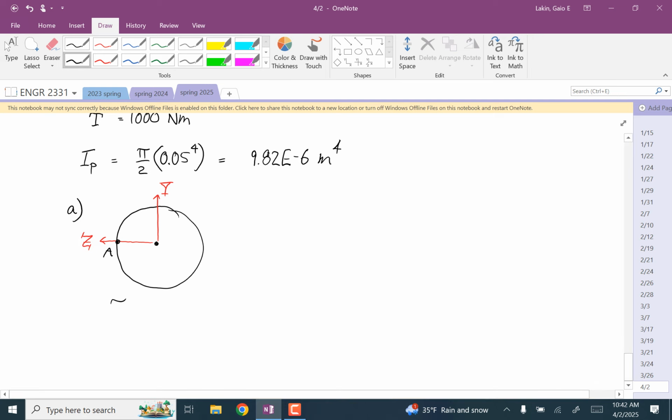And so our tau xy in our temporary coordinate system is negative 1,000 times 0.05. That's our rho, because we're all the way at the edge, divided by I sub p.